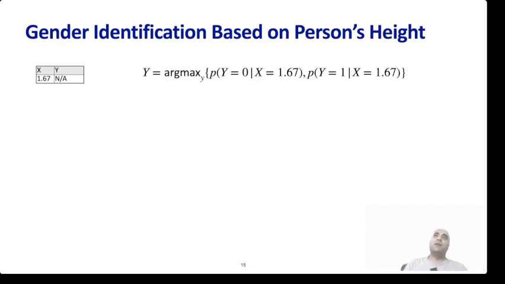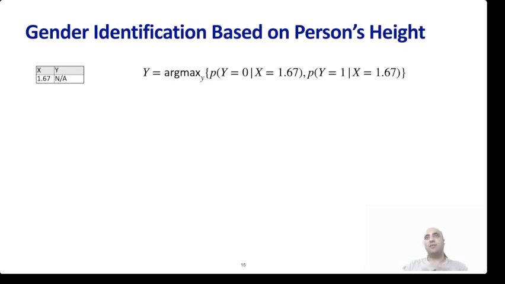So what we want is a probability distribution P that returns the probability of Y equals 0 and Y equals 1, if we have only two gender categories, gender category 0 and gender category 1. We want to know the probability of gender category 0, given that we know the height of the person is 1.67.